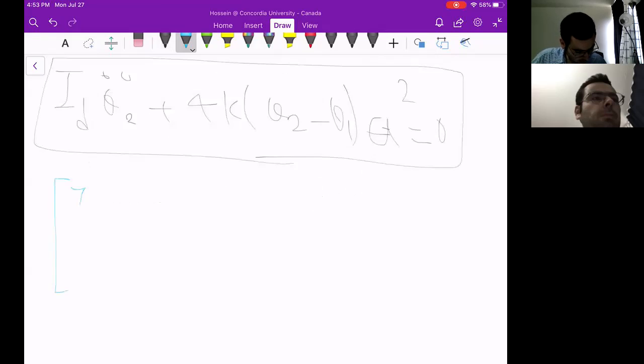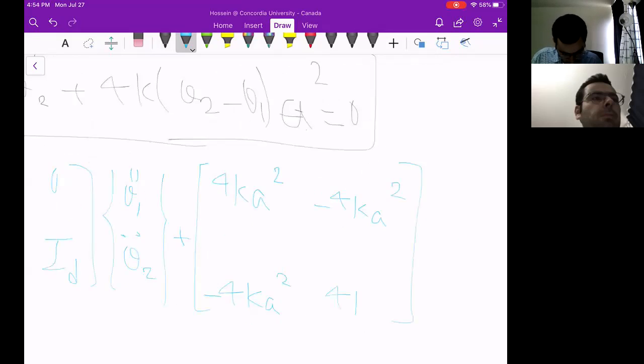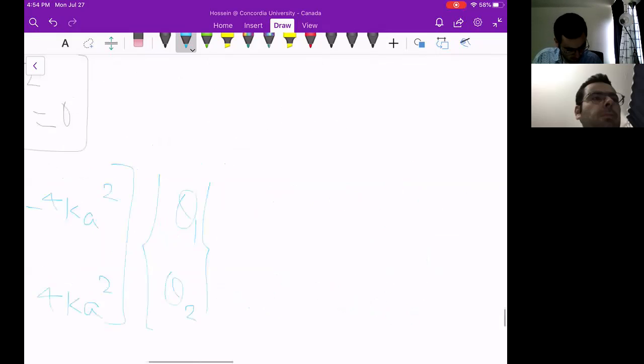I'll have the matrix [I, 0; 0, I d] times [theta double dot 1, theta double dot 2] plus [4k a squared, minus 4k a squared; minus 4k a squared, 4k a squared] times the amplitudes [theta 1, theta 2] would be equal to [m naught sine of omega t, 0], where m naught is the external momentum.